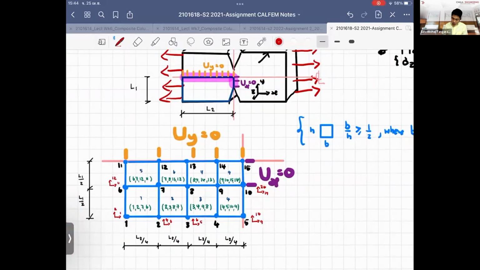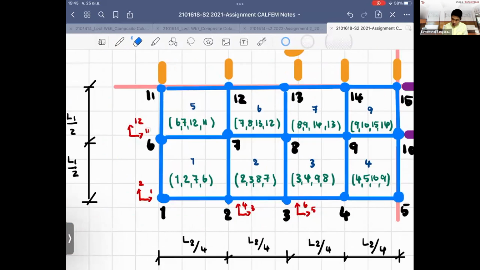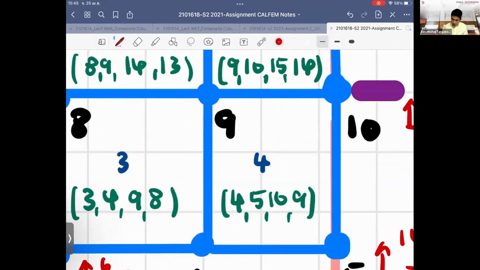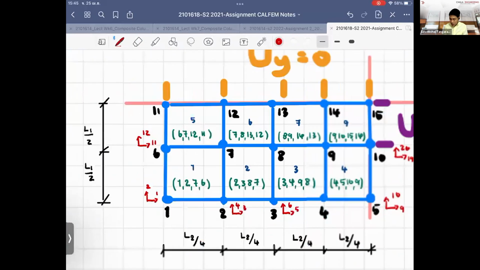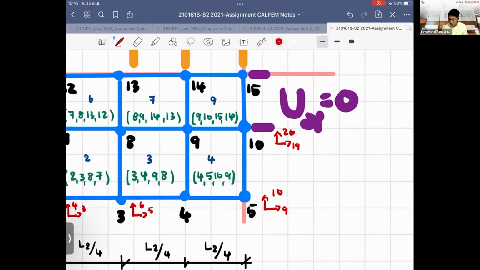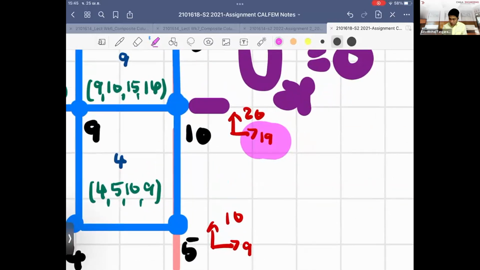Right. And you can just tell them which degree of freedom has been restrained and which one hasn't been restrained, right? And this one, you know that the condition at degree of freedom 19, which is U at degree of freedom 19, is equal to 0. So this means you don't have this degree of freedom. You can skip it, right?